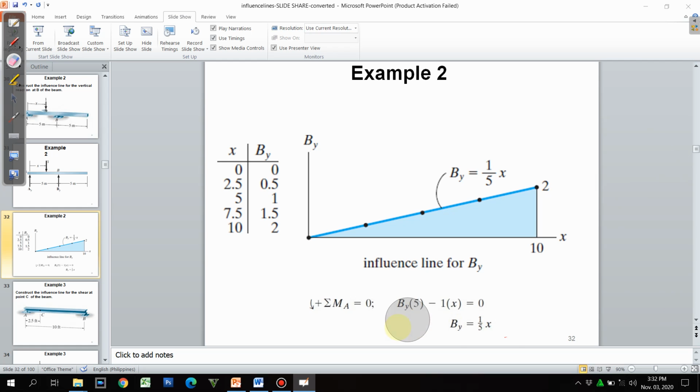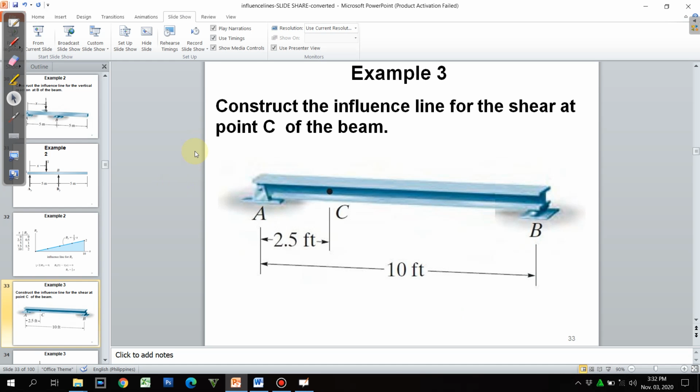So next, another example: construct the IL for the shear at point C of the beam. This time, we are now concerned with the shear at C. So we simply have first our idealized structure.